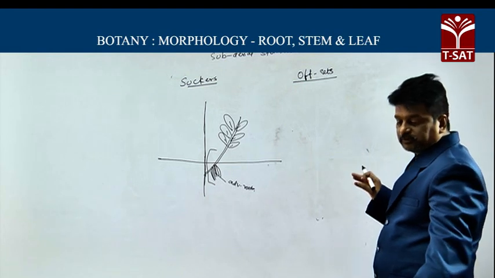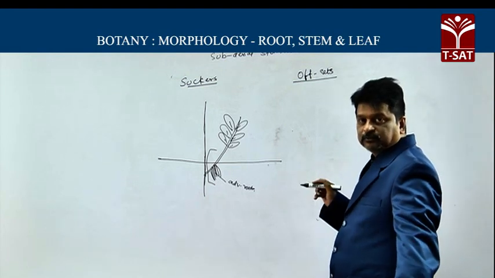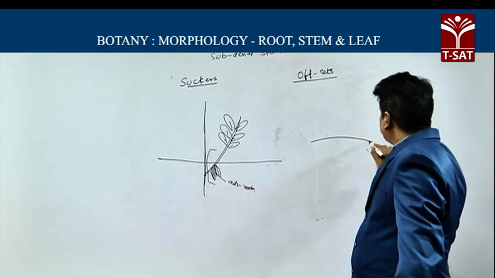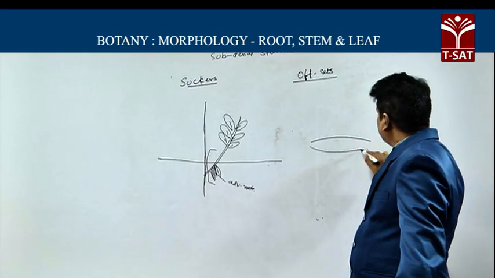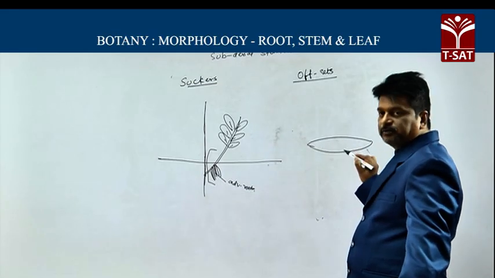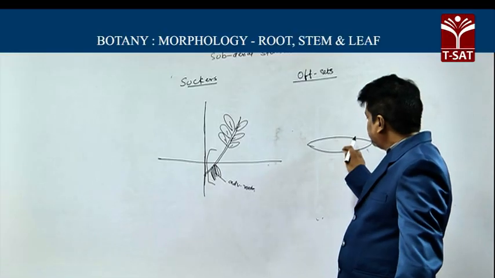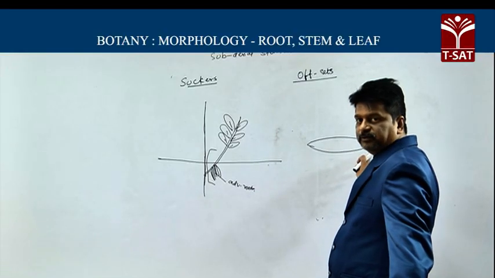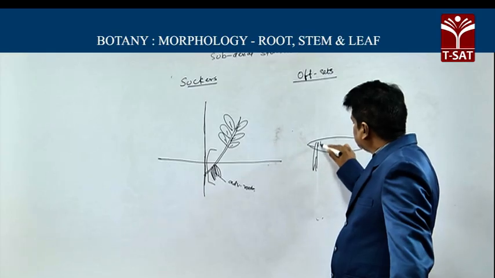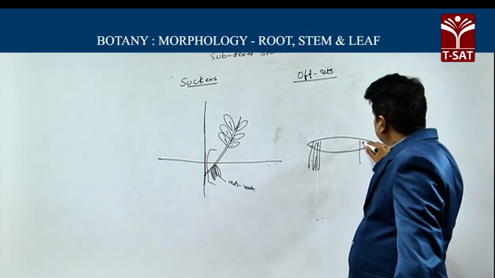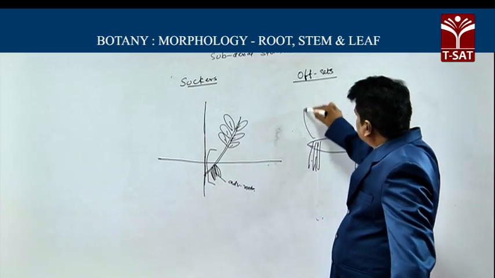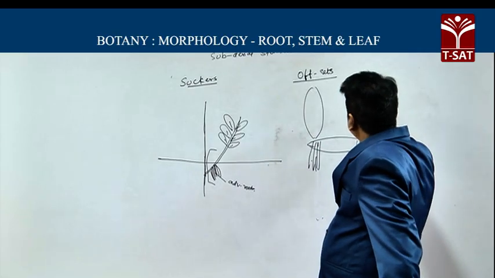This disc-like stem contains many axillary buds. Each axillary bud develops into a branch, but that branch is of limited growth. And the lower side of the branch develops adventitious roots.